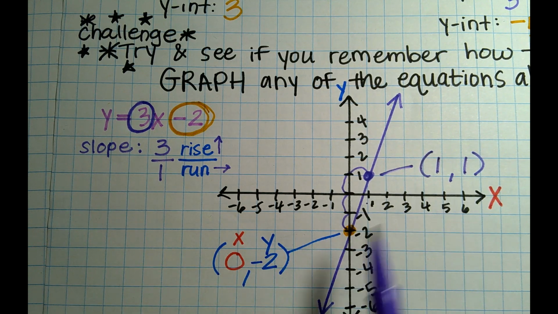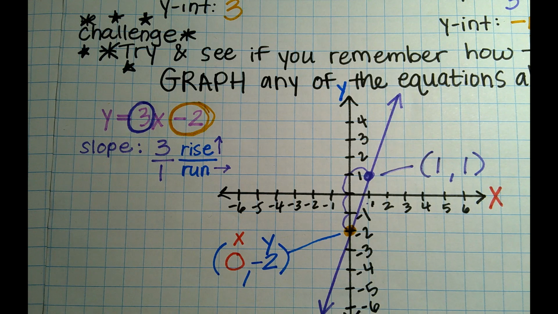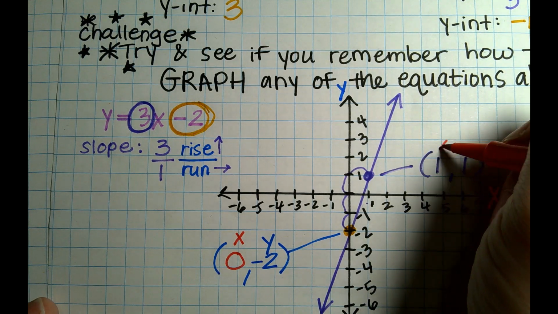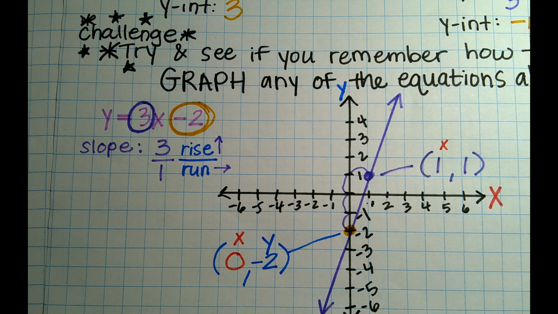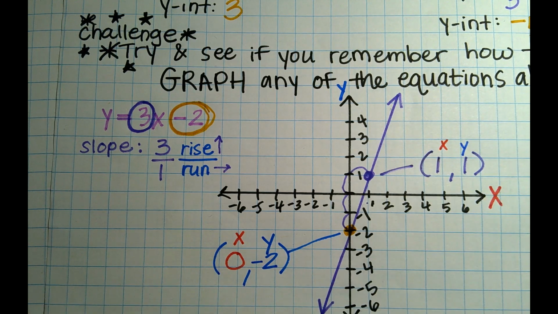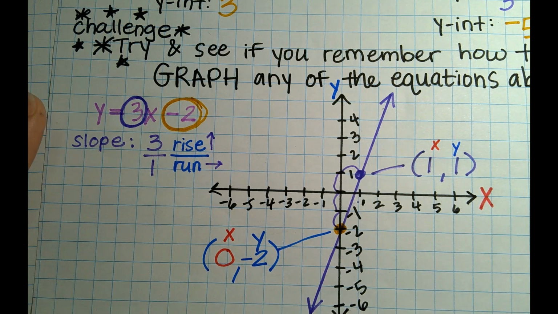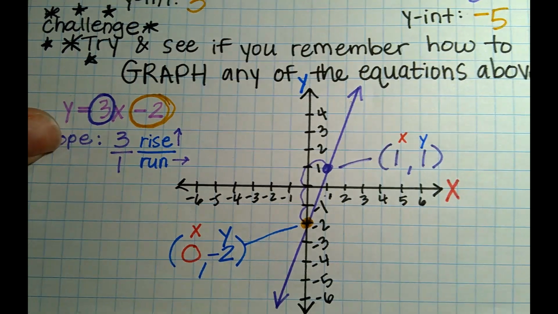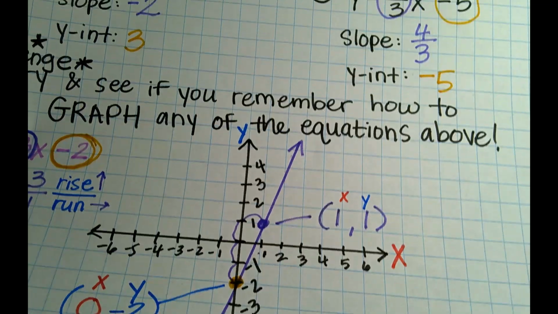So there's our 2 points, and that's our line. Not too bad. Okay. So now I'm going to move this, and we will take some notes before graphing the other 3.